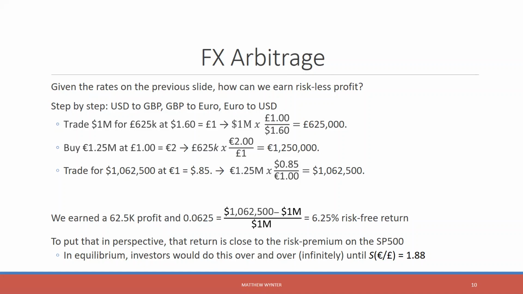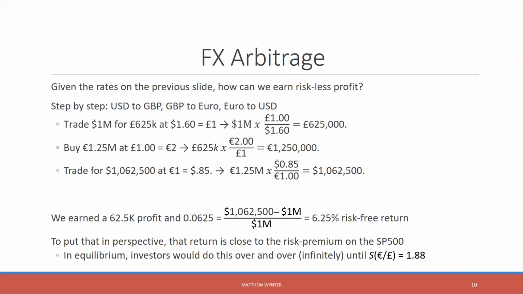So let's work through it. First, let's take our million and convert it into pounds. So given the exchange rates that are available, our million will buy us 625,000 pounds. Next, we're going to take those pounds and convert them into euros, given this rate that we know should not exist.